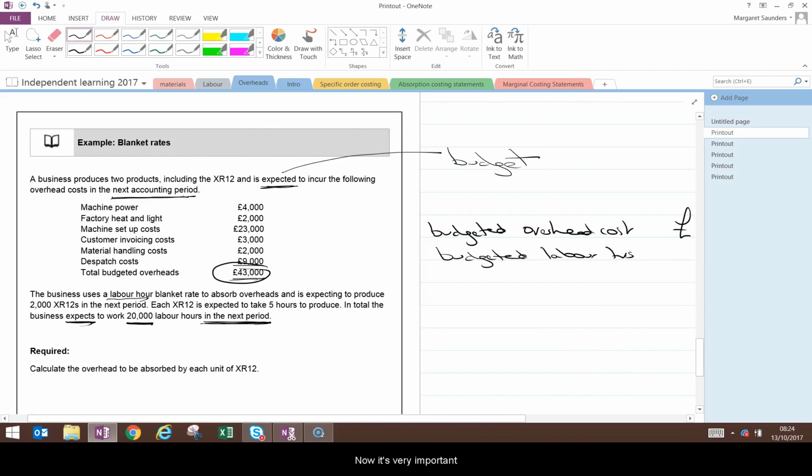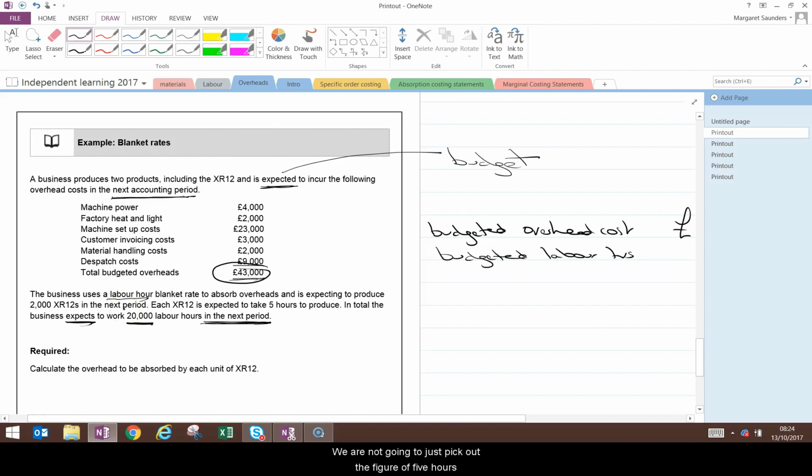Now it's very important that you look at the time periods. So we're told the overhead costs in the next accounting period are 43,000. So we need to divide that by the labour hours in the next accounting period.